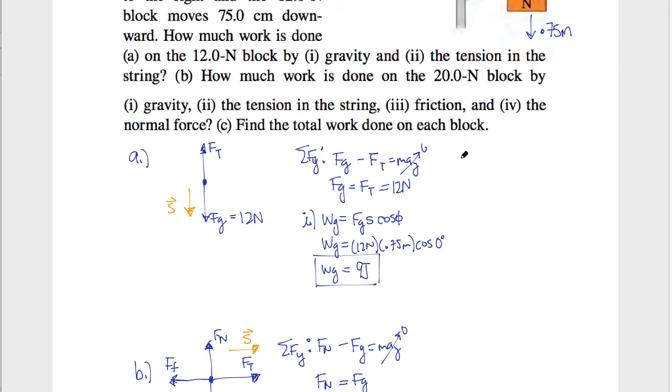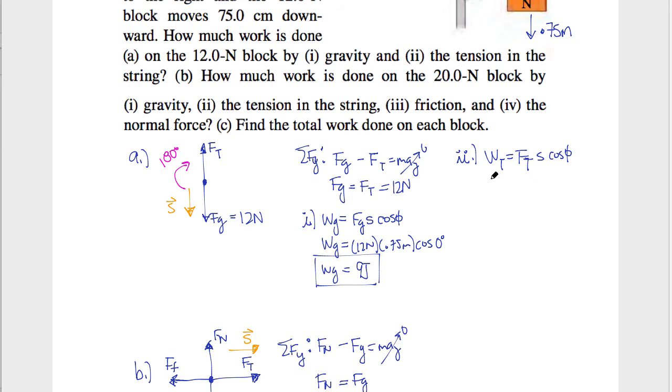Now, on to 2. How much work is done by the tension in the string? So the work done by tension is going to be equal to the force of tension times the displacement times the cosine of the angle between those vectors. So the angle between these two vectors is going to be 180 degrees.